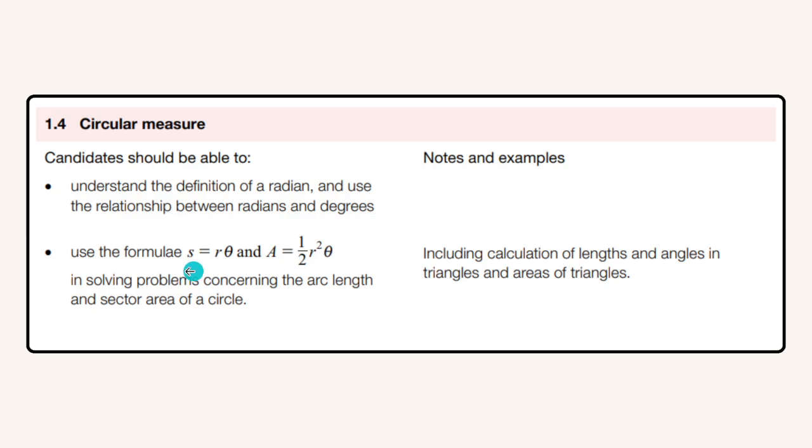So if you divide this by r, you get theta is s over r. Just keep in mind that for circular measure, the unit for these two formulas would always be radians. So always double check that your unit is in radians. Apart from this, you have your second formula, which is A is half r squared theta.